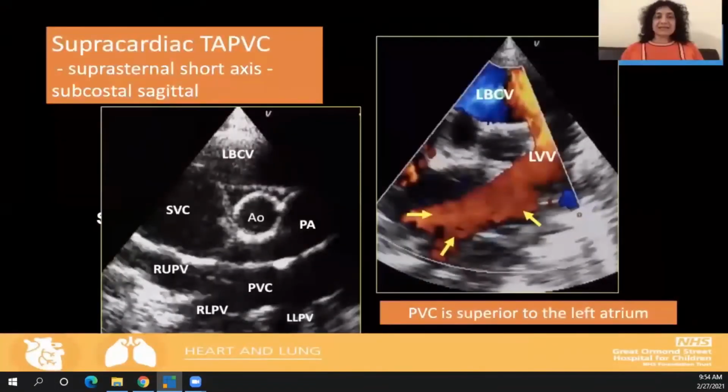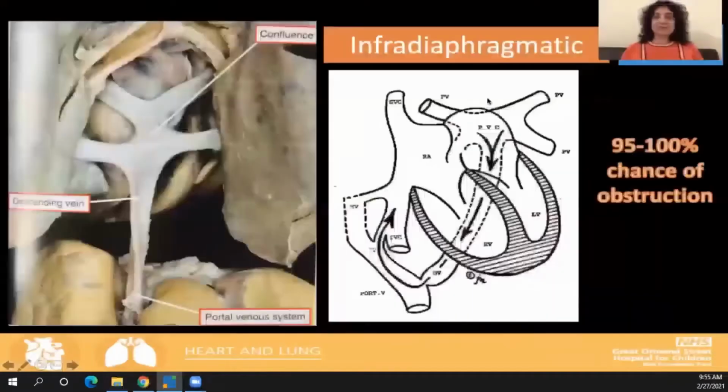This is a still image of an echo of a baby with supracardiac TAPVC, a suprasternal short axis view, where you can see the pulmonary venous channel is superior to the left atrium and is draining into the brachiocephalic vein.